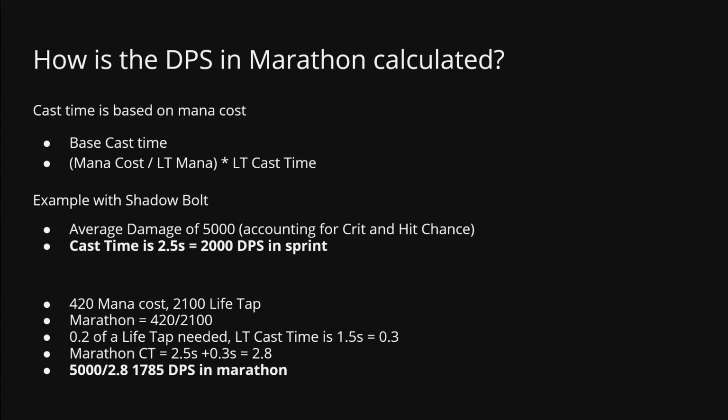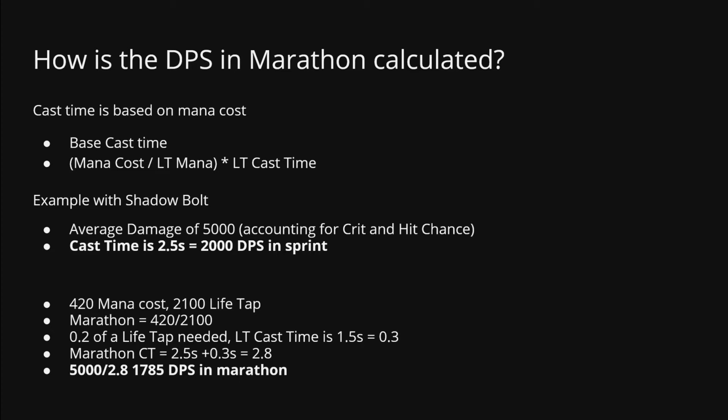The same thing is done for the marathon DPS, but where a difference is that instead of just using your cast time, you add the time you would need to life tap to provide for the mana offset spell. So essentially what you do is you have your base cast time of your spell, and to that you add your mana cost divided by the mana you gain from life tap, right?